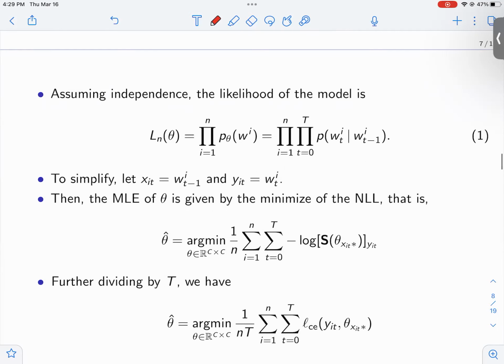For simplicity, to be closer to our notation, call the previous word x_it and the last one y_it. You write things down, it would be this log softmax, the cross entropy. So you write down the likelihood, it's very easy, and you can also write it in terms of cross entropy. This you can easily implement in PyTorch. And that would be a Bigram model.